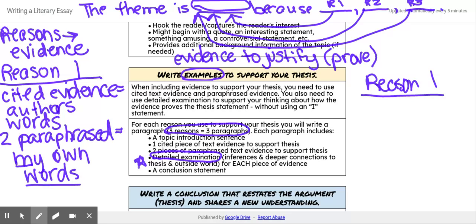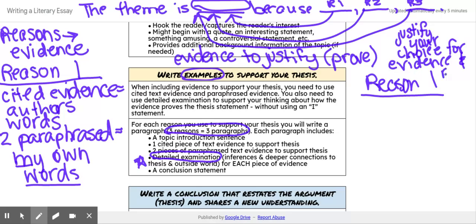It can be just explaining the significance and importance, but it's justifying. This is when you justify that your evidence proves your thesis. So you're justifying your choice for your evidence and the reason.